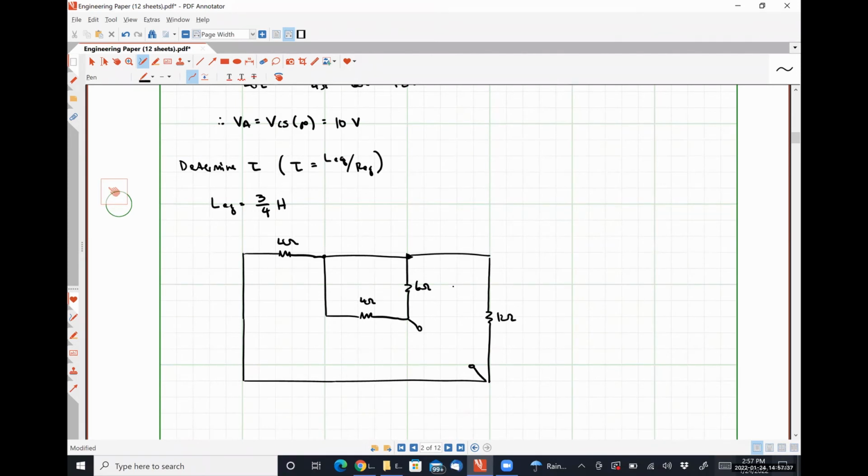This is a fairly awkward looking network that I'm trying to determine the equivalent resistance of.